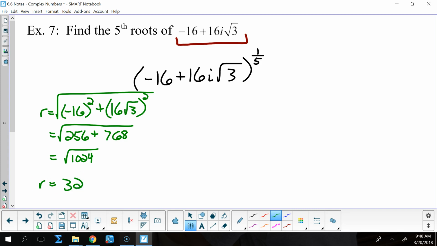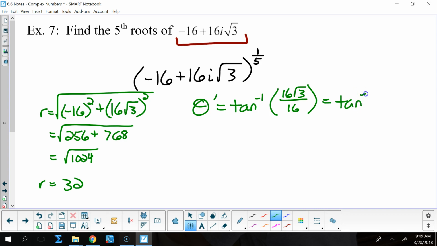Okay. Now what? Theta, right? Inverse tangent of the square root of 3 is what? 60 degrees. It's one of those that you should know. Okay. Which quadrant is this in?